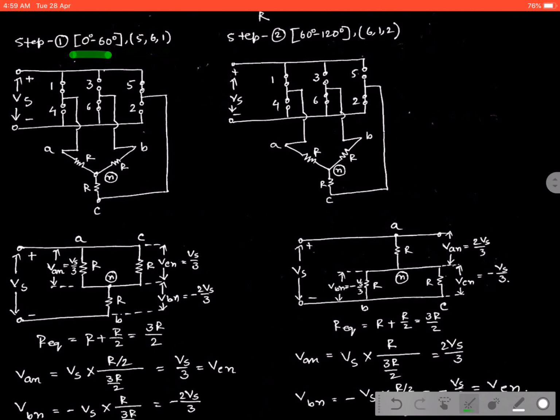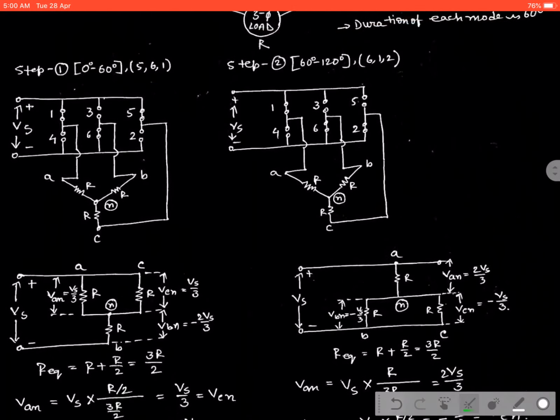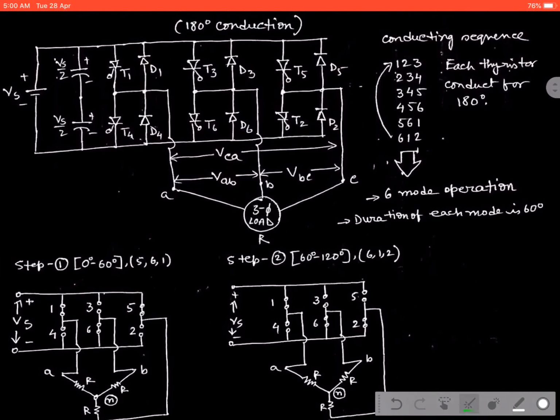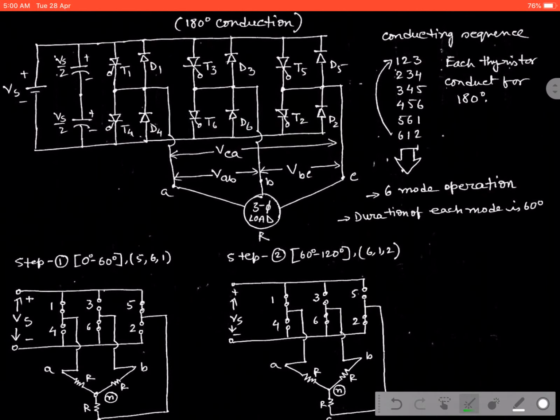So what does this mean? This is a similar circuit diagram, taken from the main circuit. See, the switches 1, 2, 3, 4, 5 and 6 are similar here. This is connected to a voltage source, and similarly this is connected to the voltage source.